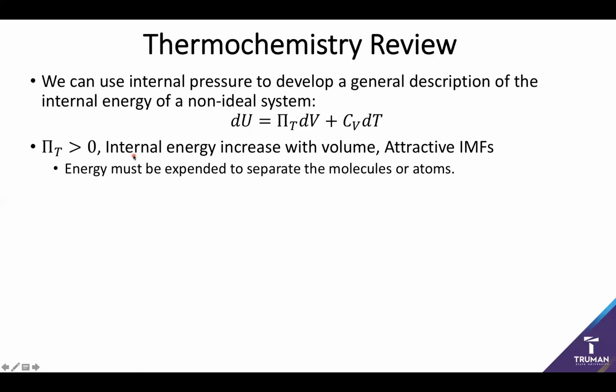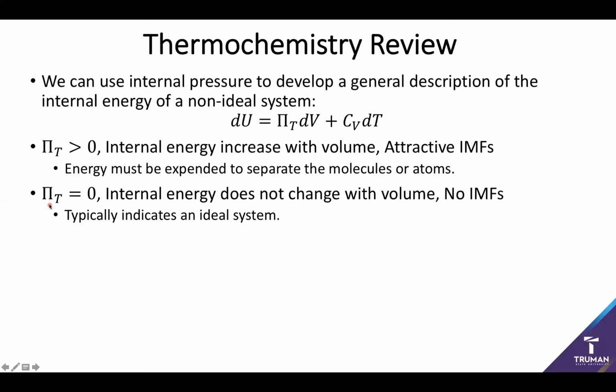And we can think about this as being due to attractive IMFs, because if my volume's increasing, it means that I'm having to add in energy to make this increase in volume happen. And this essentially comes because I'm breaking apart intermolecular forces. So I have a molecule or a set of molecules, and I have to put in energy to split them apart, which again is only going to be present for attractive IMFs.